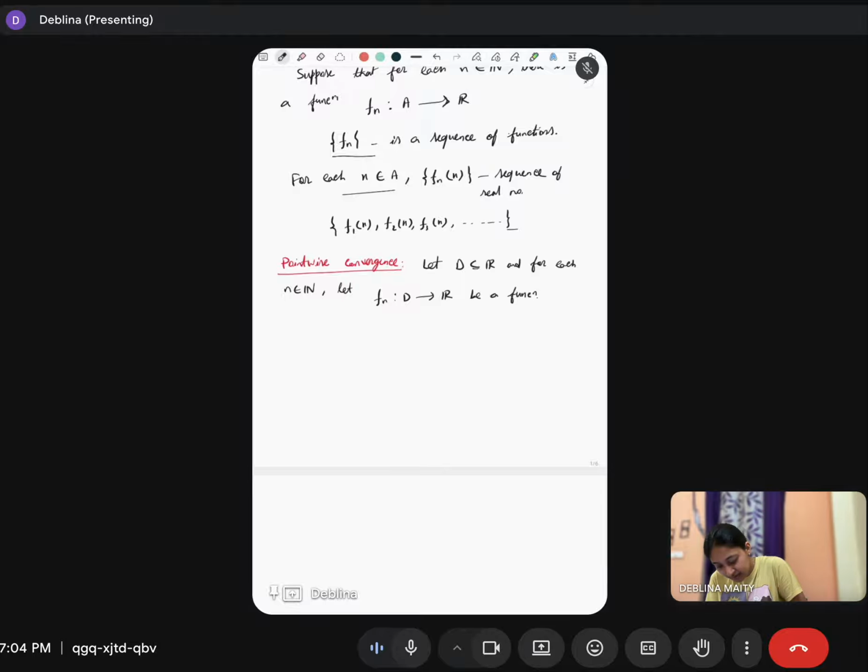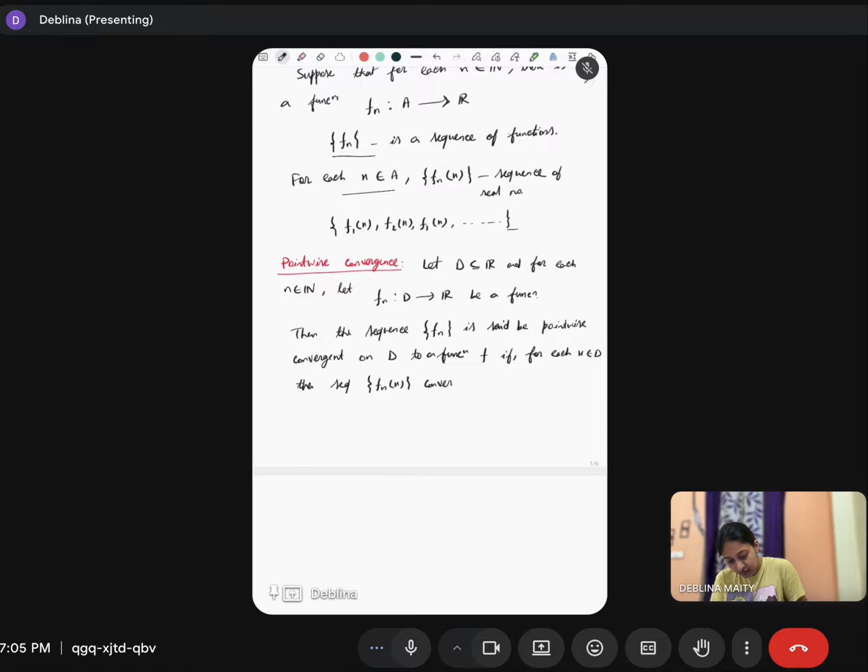Then the sequence of functions is said to converge pointwise, or is said to be pointwise convergent, on D to a function f if for each x in D, the sequence fn(x) converges to f(x).